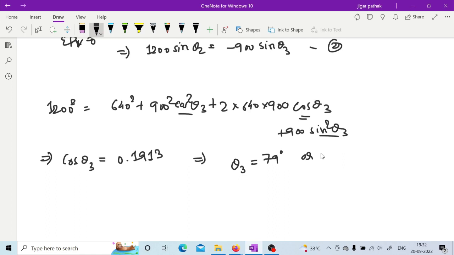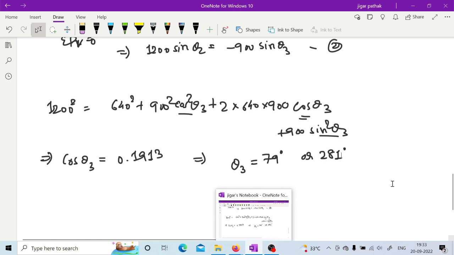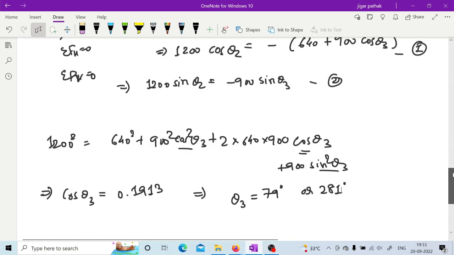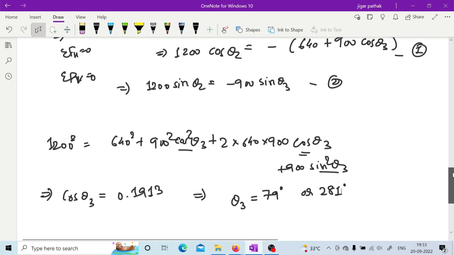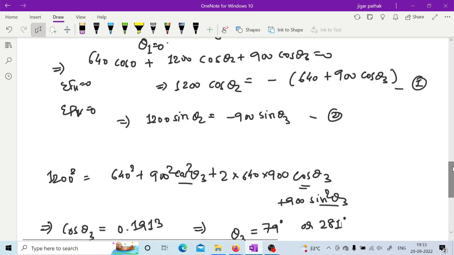Is anyone getting the same answer? Yes sir, no sir, not getting that, sir. So can you check whatever I have written? You can match it. Yes, these two equations, right?